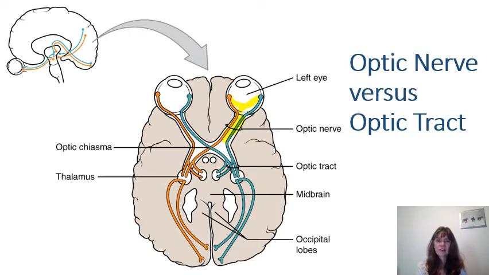Once the optic nerve goes through a special crossing known as the optic chiasma, it enters into the brain, becoming the optic tract. If it's outside, it's optic nerve. Once it goes into the brain, as it's entering, it becomes the optic tract.